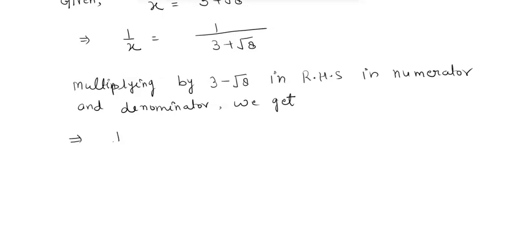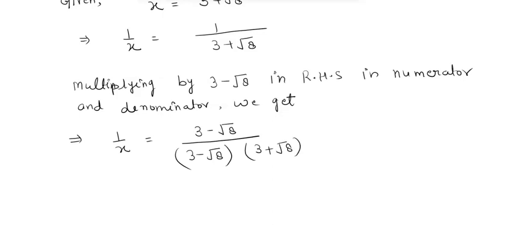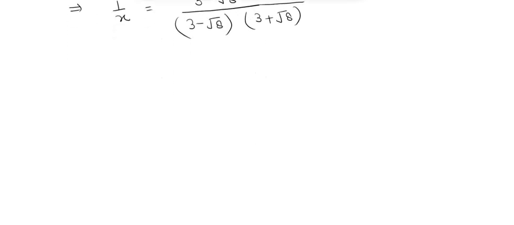It implies 1 by x is equal to 3 minus square root 8 divided by 3 minus square root 8 in bracket 3 plus square root 8. So here apply a minus b and a plus b identity.